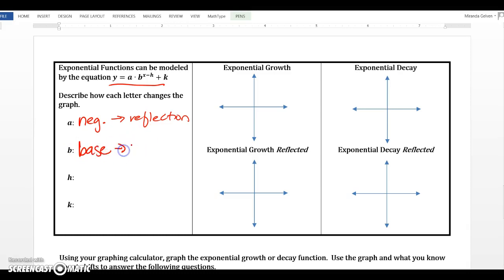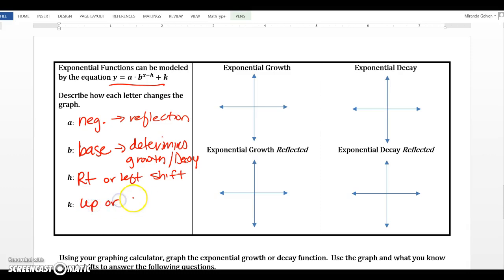Okay, and that determines growth or decay, as we talked about earlier. H is our right or left shift. And just like normal, H lies, K tells the truth. Okay, and K is our up or down shift.